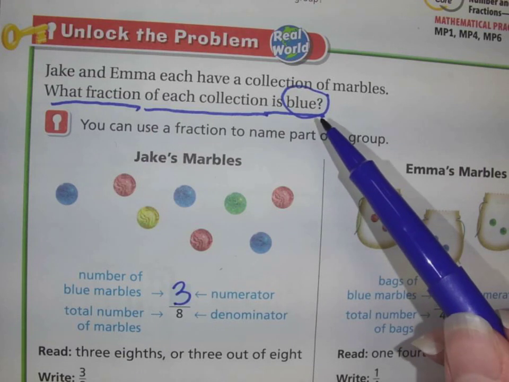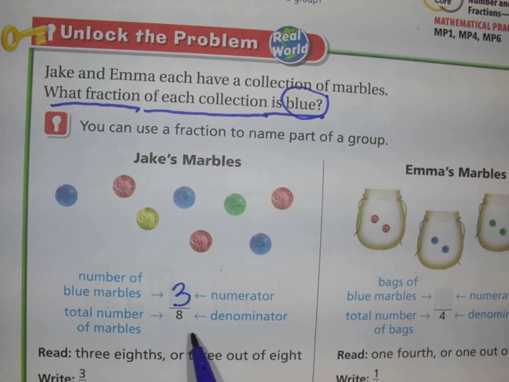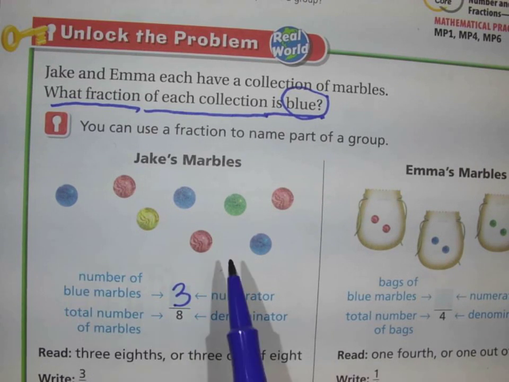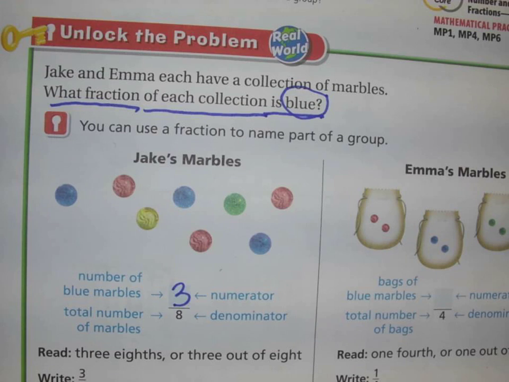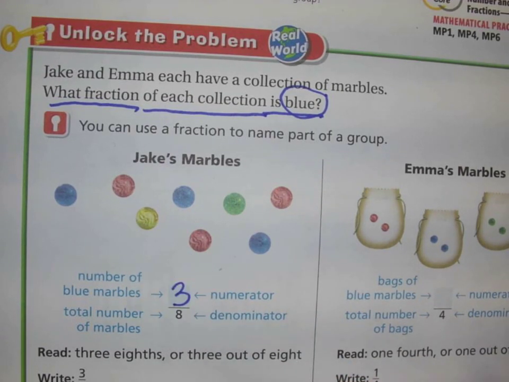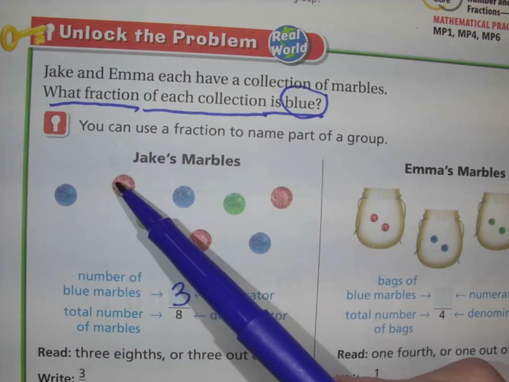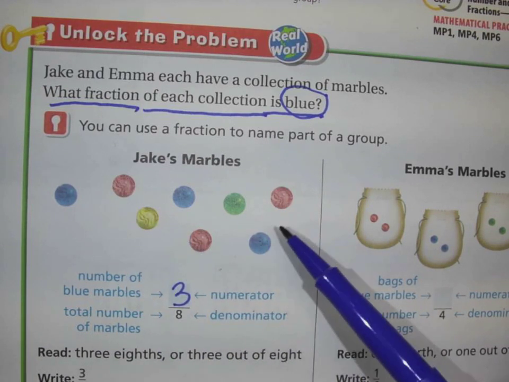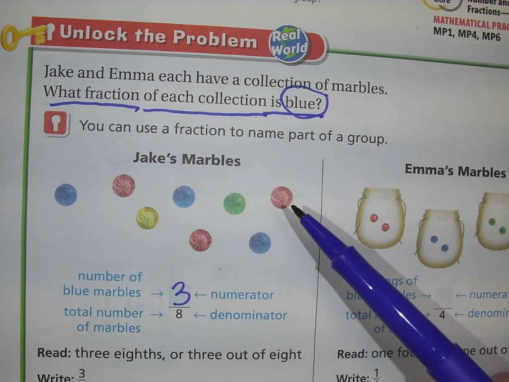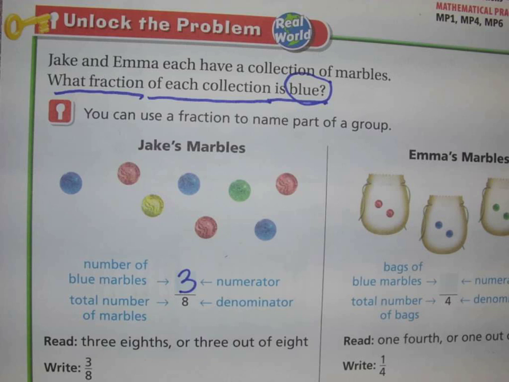Jake has 3 blue marbles out of how many marbles in all? Let's count all of the marbles, all of the different color marbles in his collection, because it tells us the total number of marbles. 1, 2, 3, 4, 5, 6, 7, 8. So 8 represents our denominator, the total number of marbles.